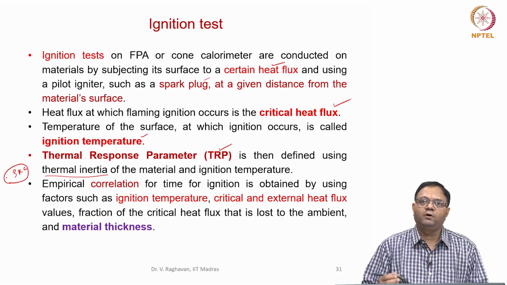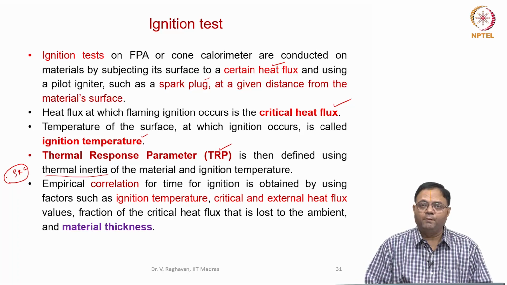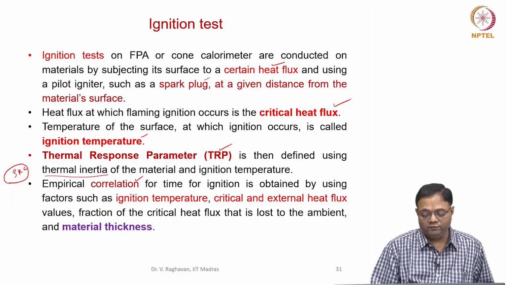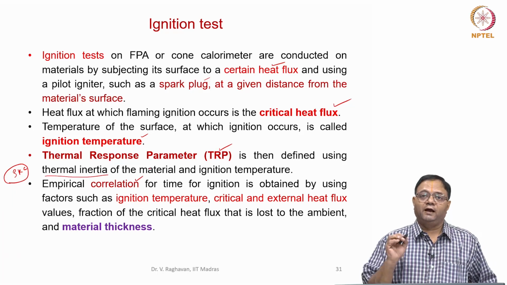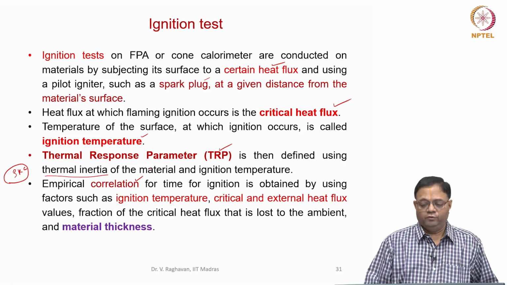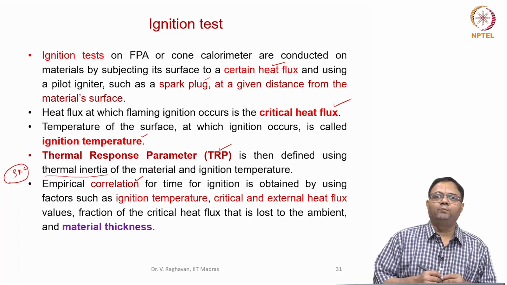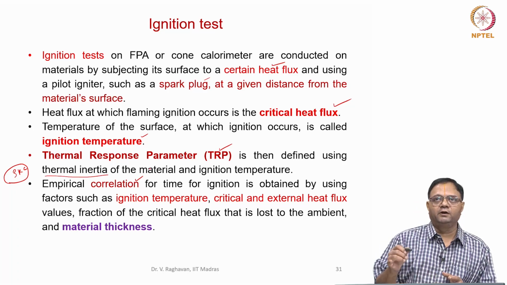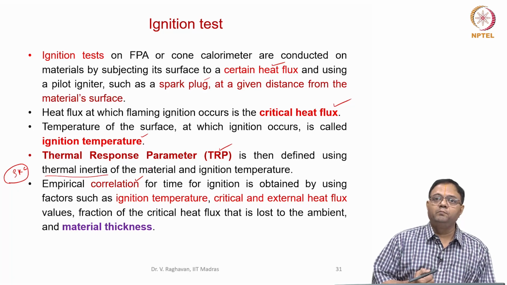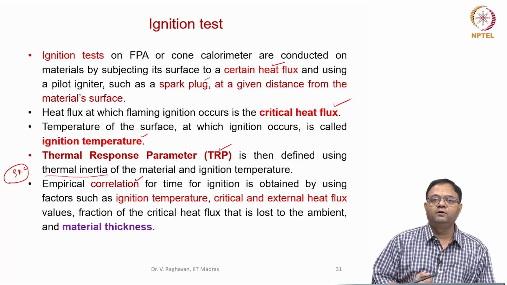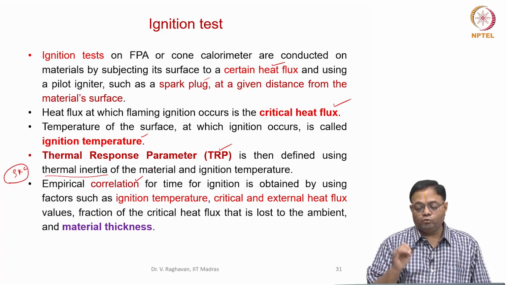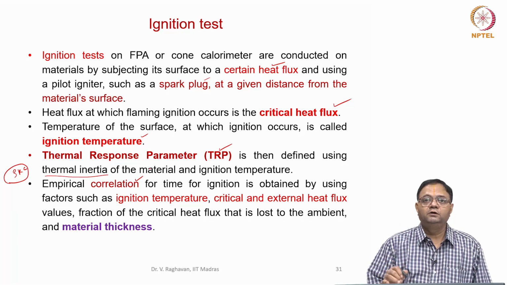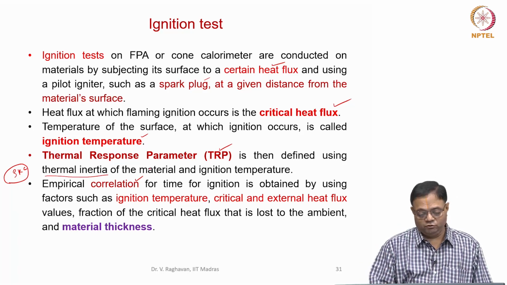You can have some hybrid materials and come up with empirical correlations for the time of ignition. You know the application of the material. The material has to be kept in a particular enclosure or application, and it may be exposed to some heat flux for a given amount of time. Based upon that, you have to quantify the material such that it will not be ignited. That is the purpose.